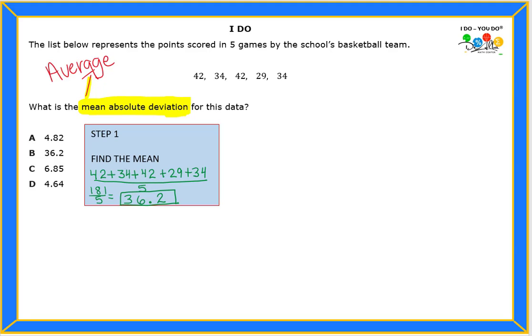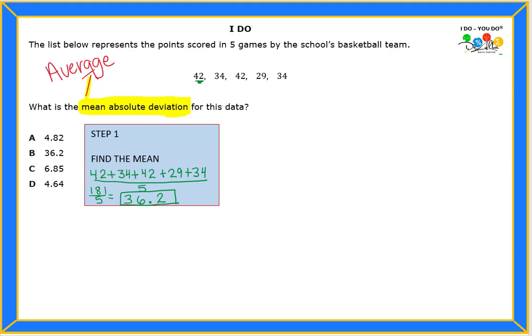So what we're gonna do next is I wanna know how far away is each one of those numbers from 36.2. For example, I'm gonna look at 42 and I wanna know how far away. Let's suppose I put them on the number line, right? I wanna know how far 36.2 is from 42, or how far away is 42 from 36.2?